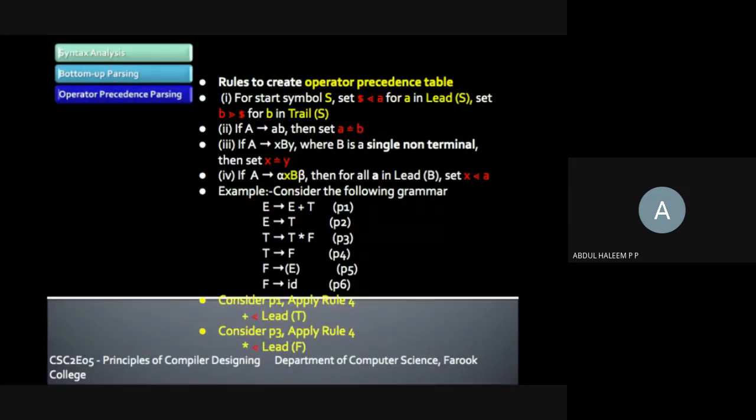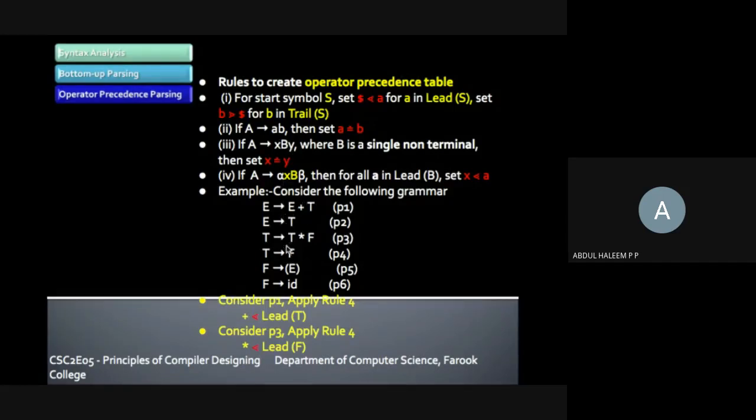We cannot have capital AB here, because that violates the fundamental requirement of an operator grammar: an operator grammar will not have two non-terminals adjacent, and it will not have an epsilon production. So if you have a production such as A derives ab, then a and b are of equal precedence. We will see whether we have such a thing here.